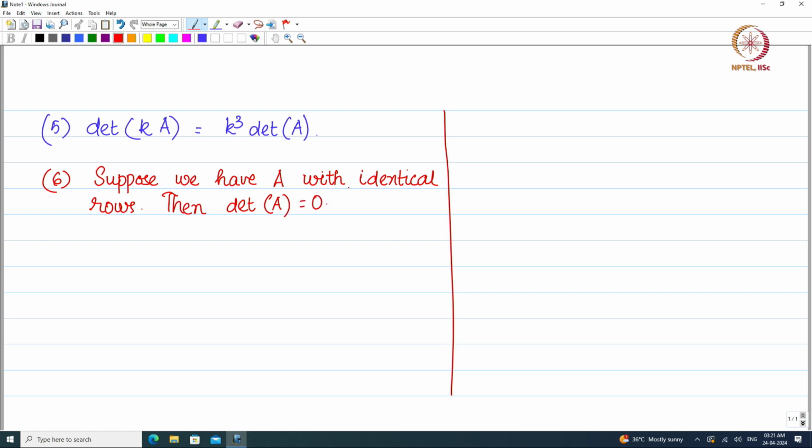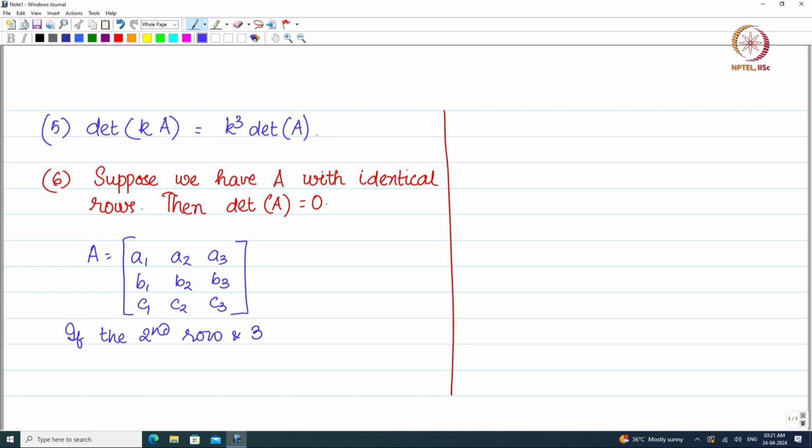Now, it is easy to see that suppose I have this matrix A whose rows are A1, A2, A3, B1, B2, B3 and C1, C2, C3. Now, assume that the second row and third row are the same.